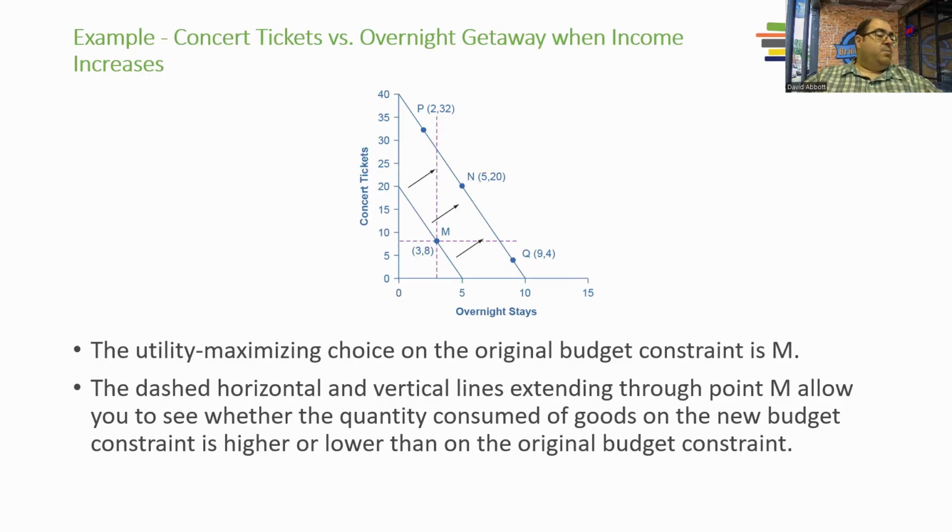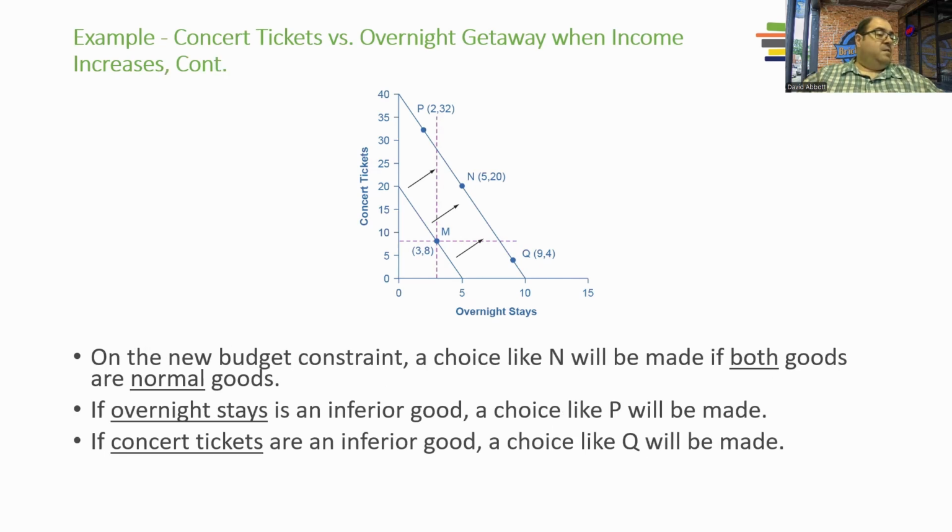If we were to divide the possible choices along the new budget constraint into 3 groups, the dashed vertical and horizontal lines that pass through the original choice M in the figure divide all the choices.